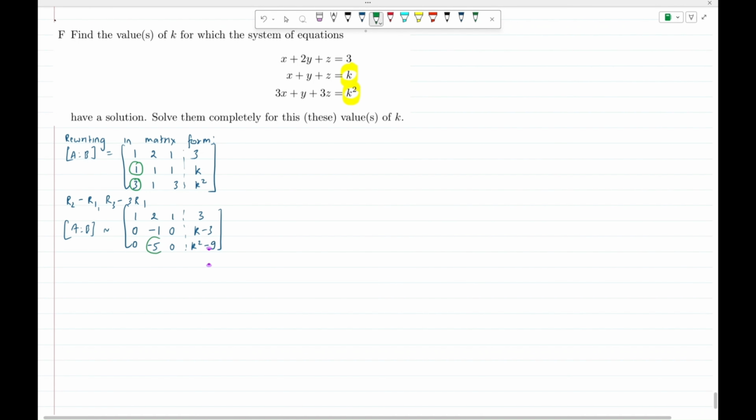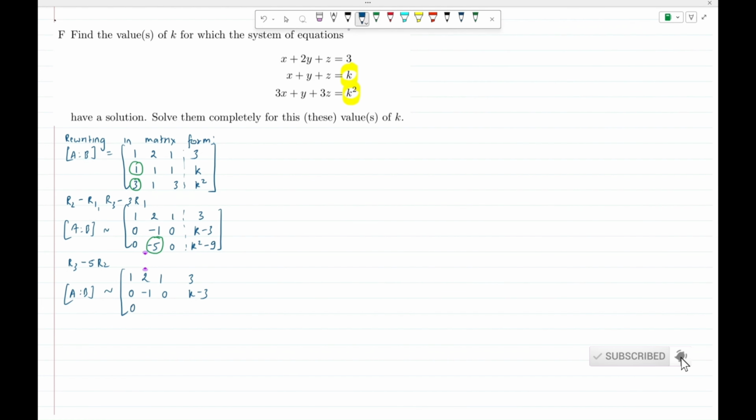Now we'll move on to the third row element, -5, and reduce it to 0. So we'll be performing on R3, R3 minus 5 times R2, since the pivot element is in R2. So A augmented B is transformed to: the first and second rows now remain unaffected.